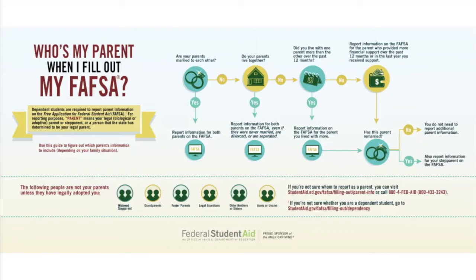However, if that parent is remarried, you should include his or her spouse. In other words, federal student aid wants to know the financial standing of the household that the student has lived in the longest in the 12 months prior to the FAFSA being submitted.